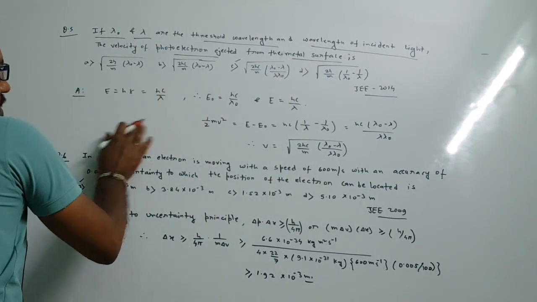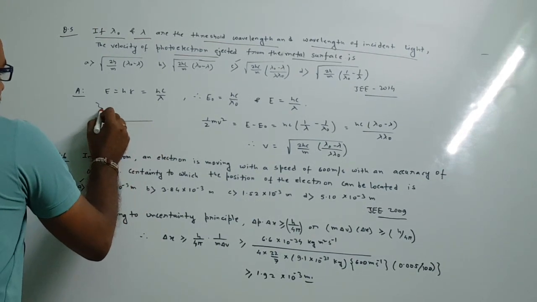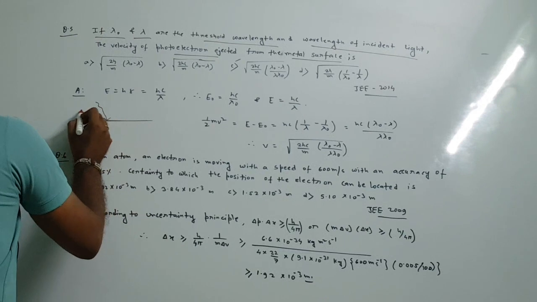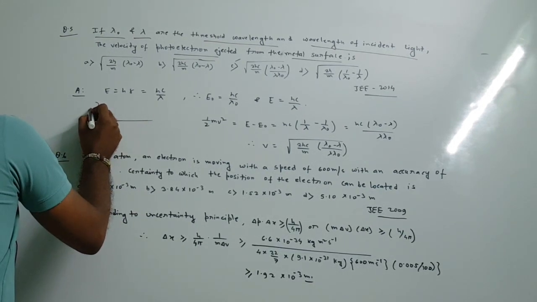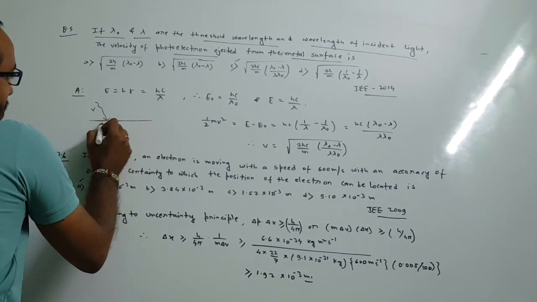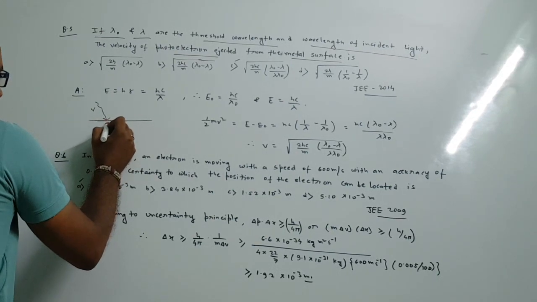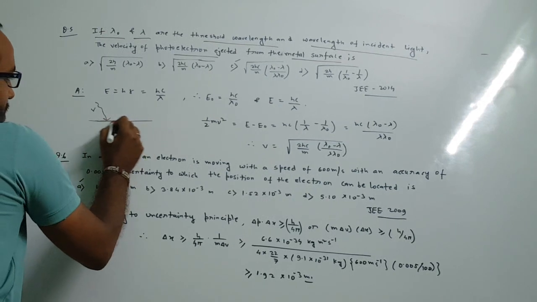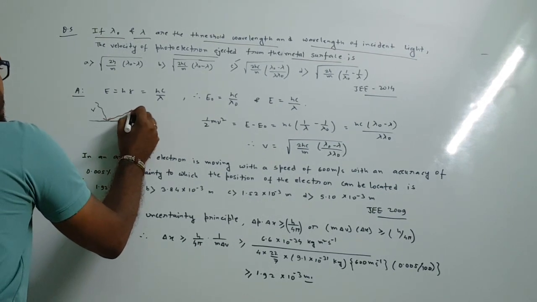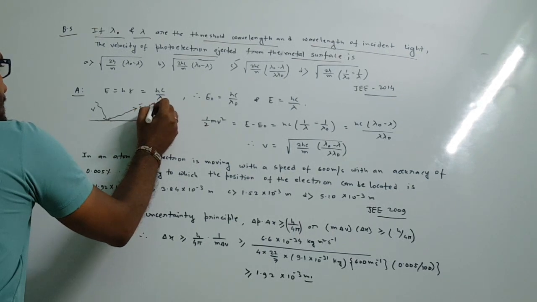See, from the photoelectric effect, if this is a metal surface and some light is incident on it, let us say this light has frequency nu, and in order to eject an electron, first of all it will absorb some energy to come to the surface, and the rest of the energy will be given to the electron as kinetic energy.